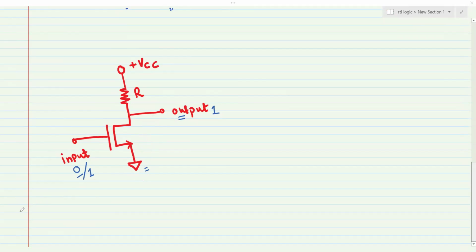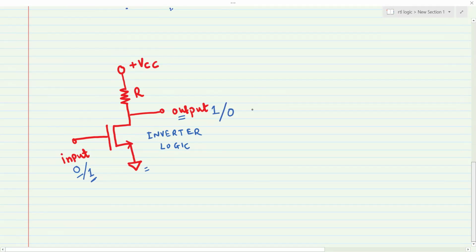Therefore, when the input is logic 1, your output is logic 0. Therefore, you can say that this is an inverter logic. This is how it acts as a switch.